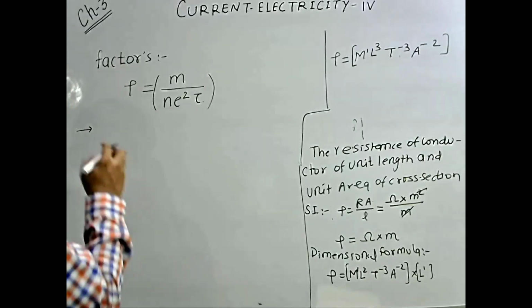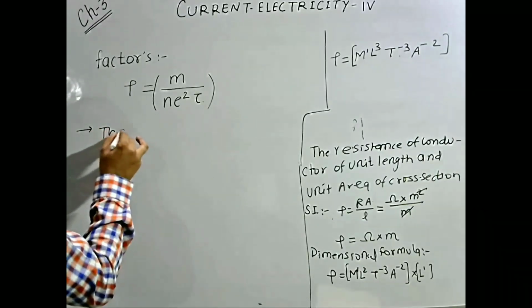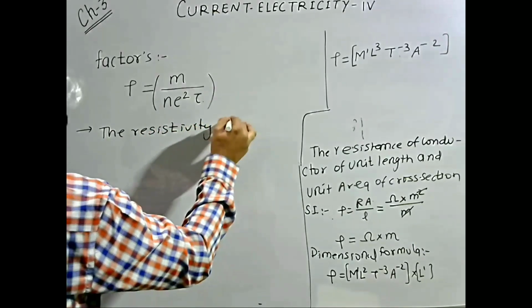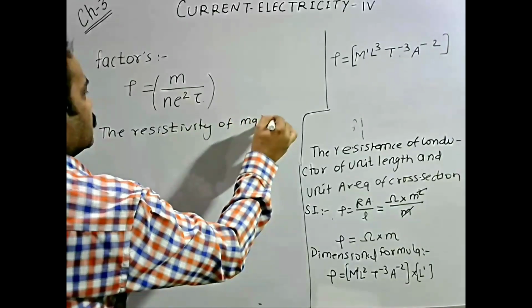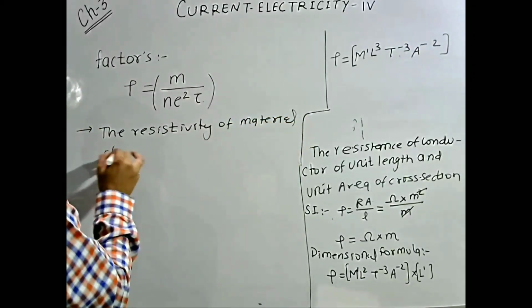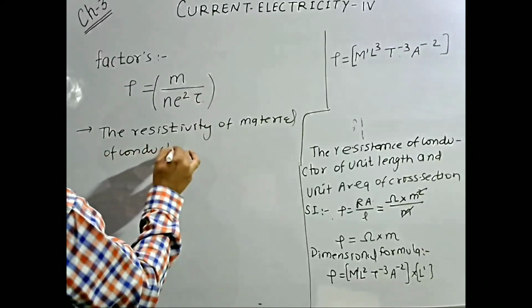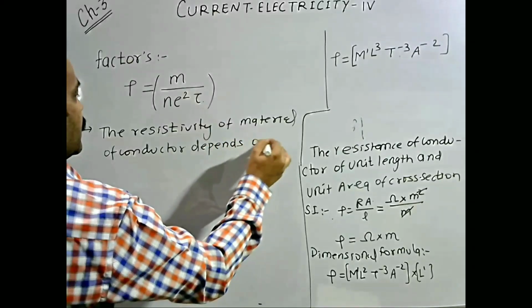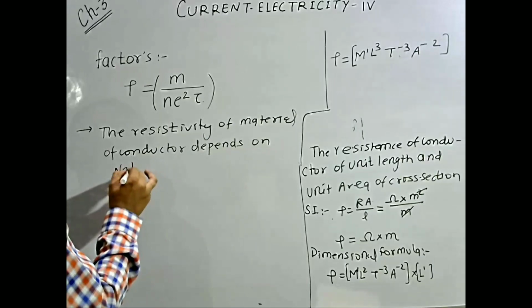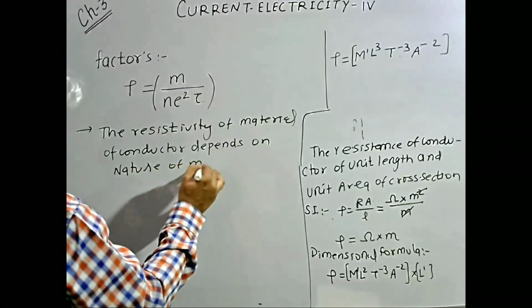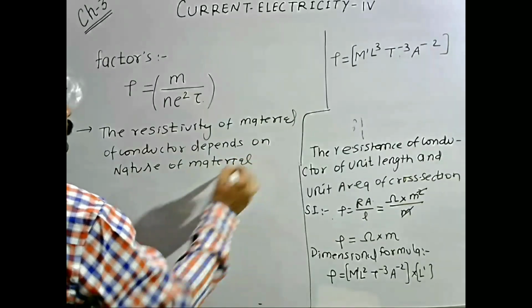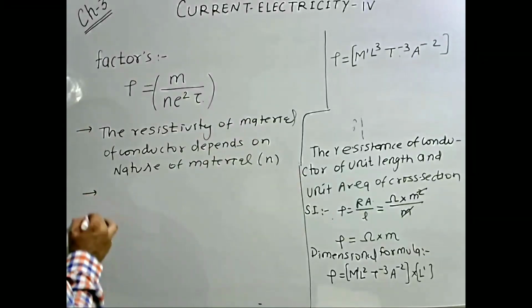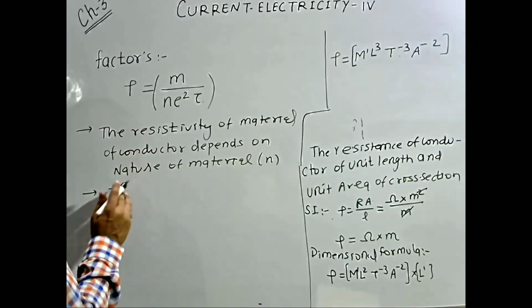So note the resistivity of material of conductor depends on nature of material, that is N. And second, it depends on temperature.